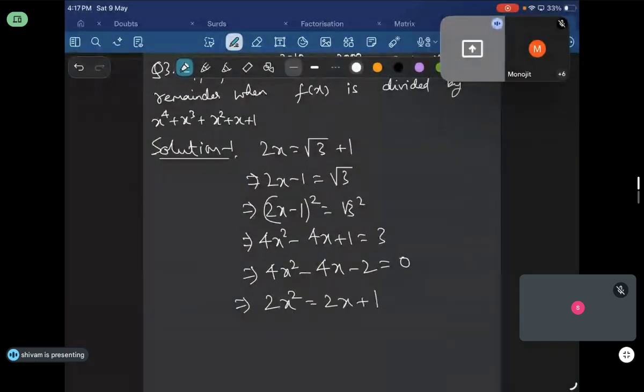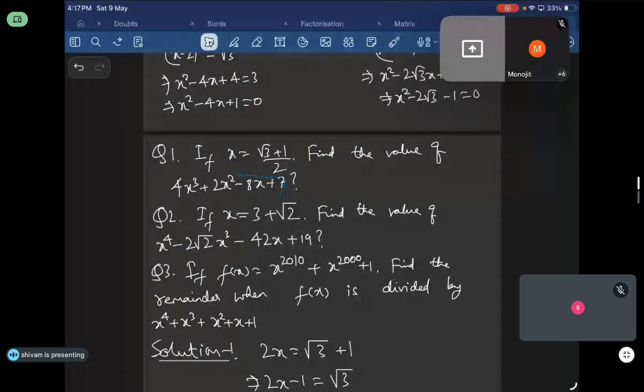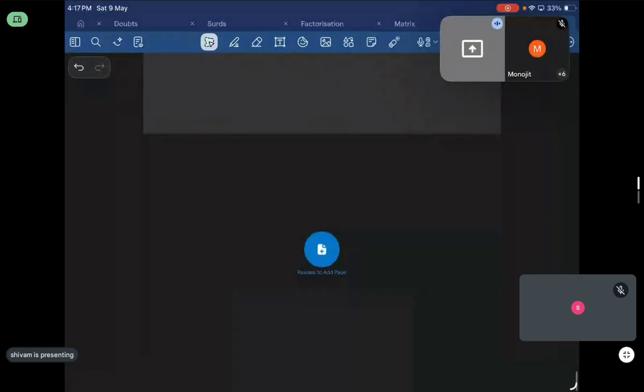After getting 2x square is equal to 2x plus 1, you can start replacing in the expression. Okay, start replacing, everyone.